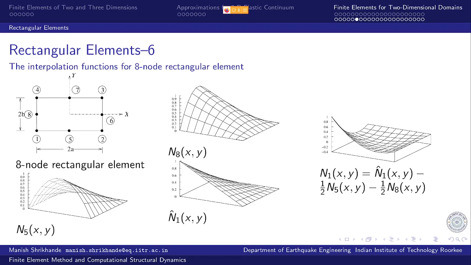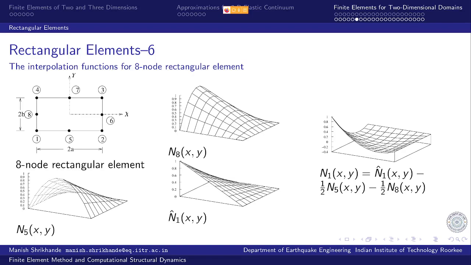So let's say u1, u2, u3, u4, u5, u6, u7, u8, they are all equal to, let's say, u0. That's the rigid body displacement. So the displacement variation within the element is going to be sigma ni ui. So ui is of course constant, and everywhere it has to be the same u0.